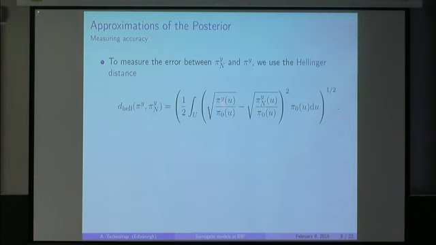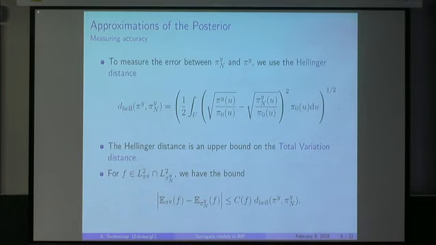So here you've essentially got the likelihood of the data under the true posterior. Here you've got the likelihood of the data for the approximate posterior. And so you're comparing the two likelihoods, and then you're integrating over the parameter space. So it's an averaged difference between the likelihoods in the two distributions.